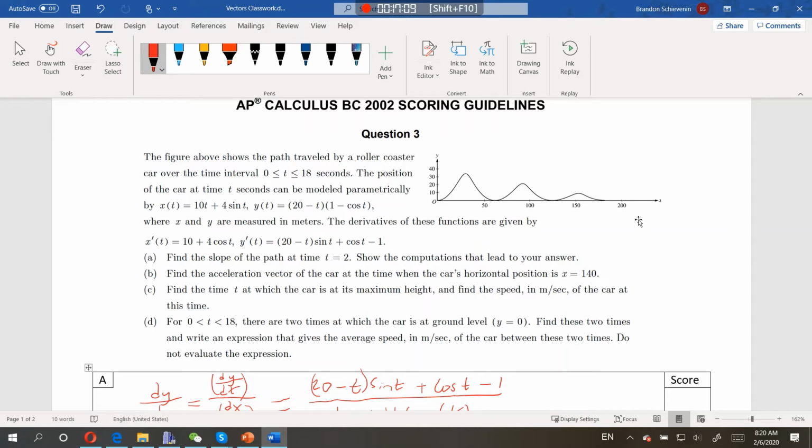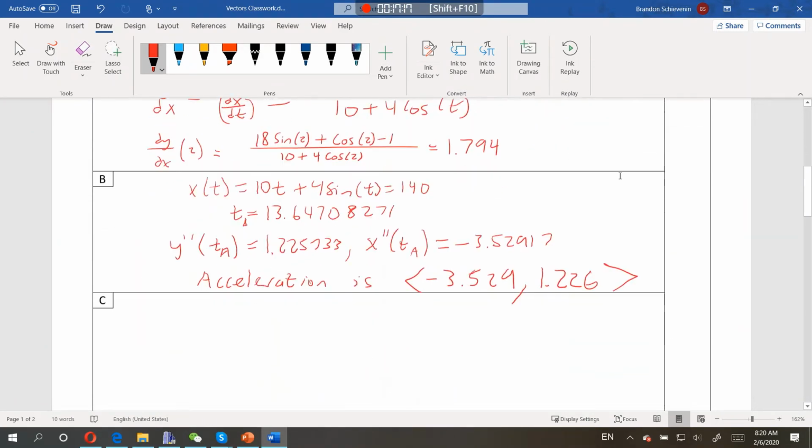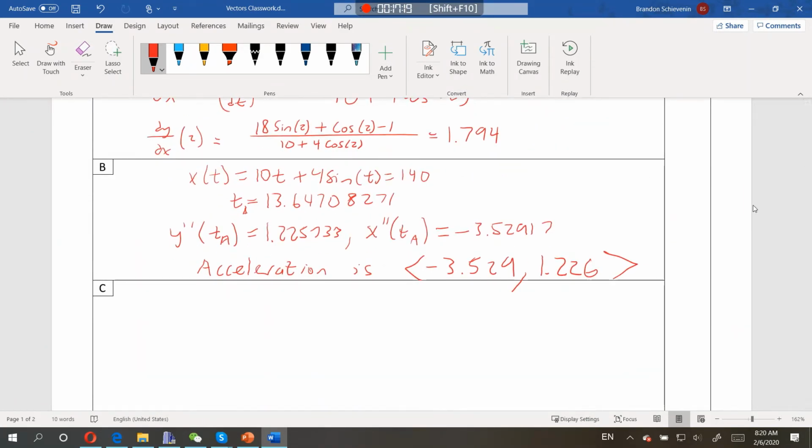Okay, cool. So let's set that equal to 0. I've got my y prime here: 20 minus t sine t.